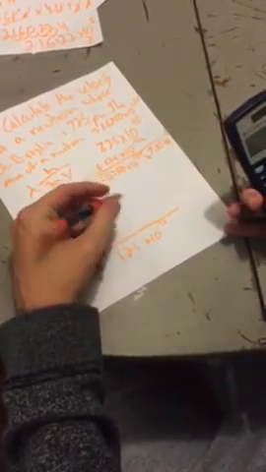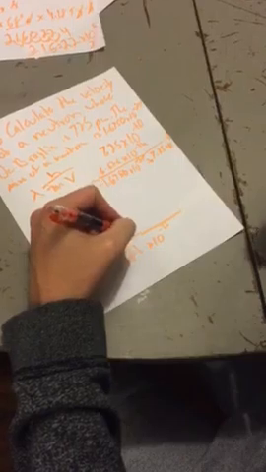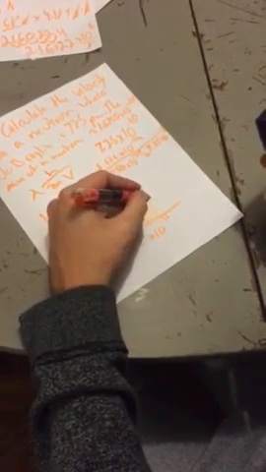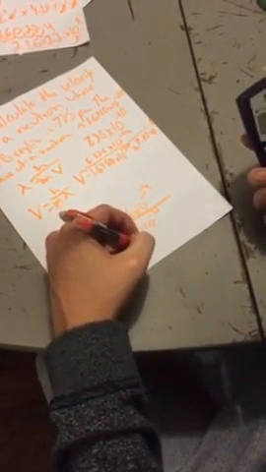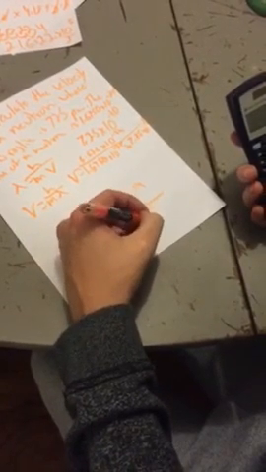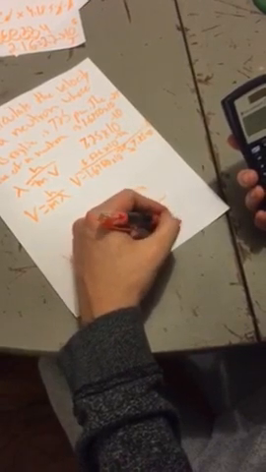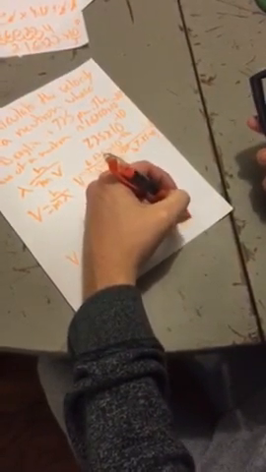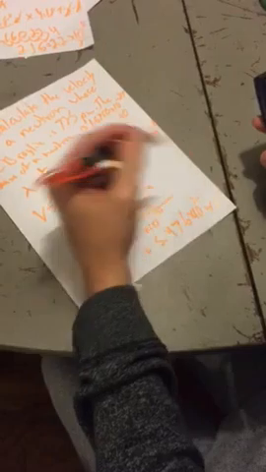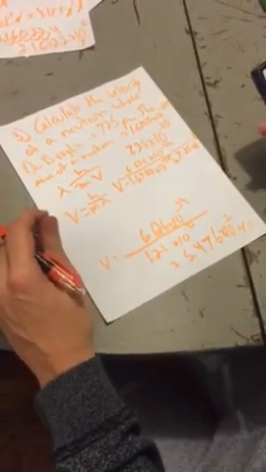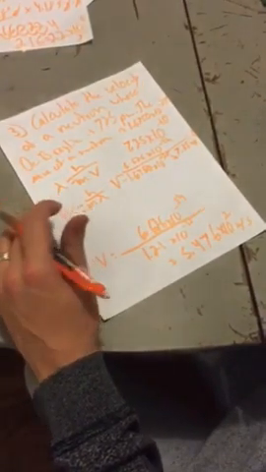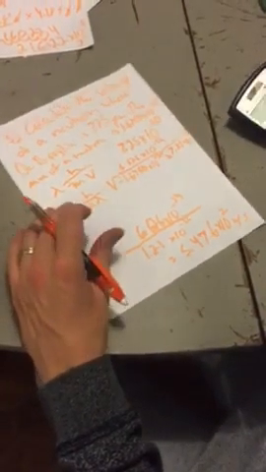It's going to give you 5.476 times 10 to the 2 meters per second, which rounds to 5.5 times 10 to the 2 meters per second. And that's it.